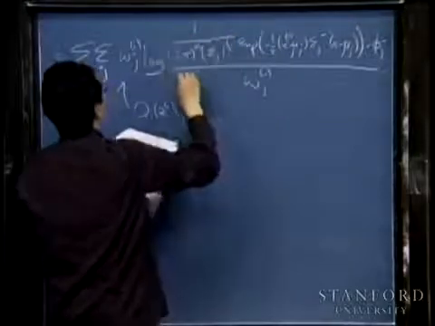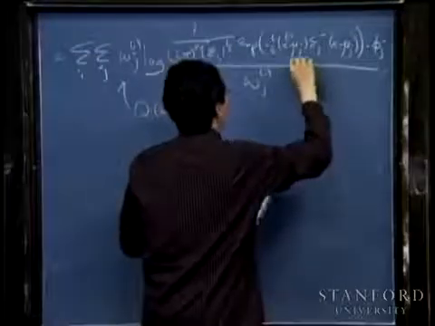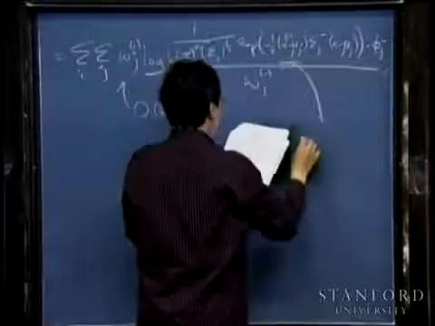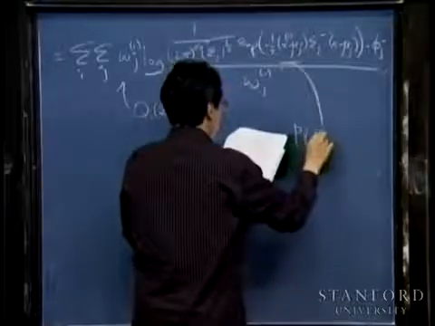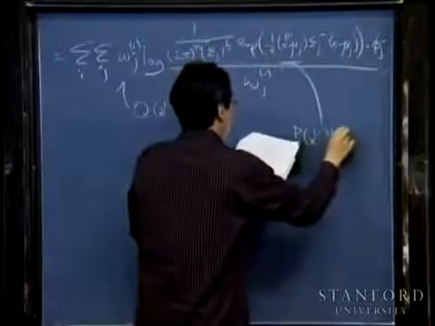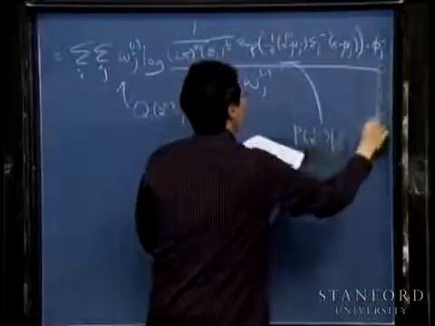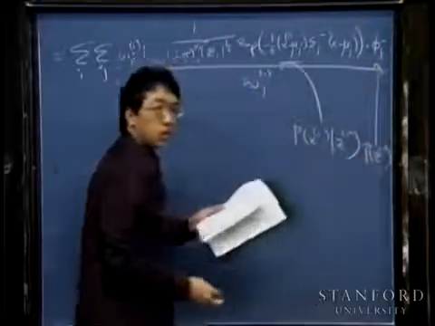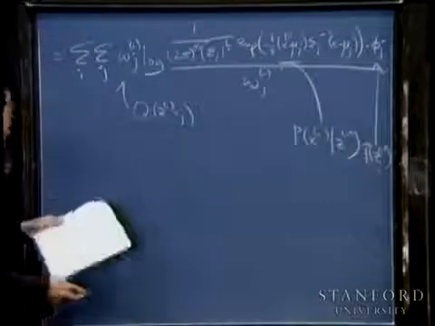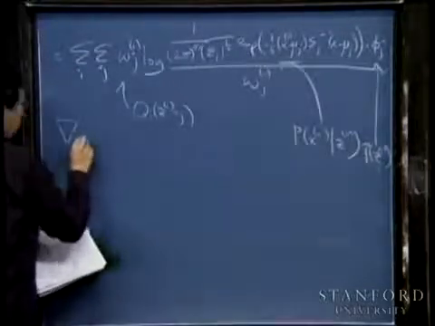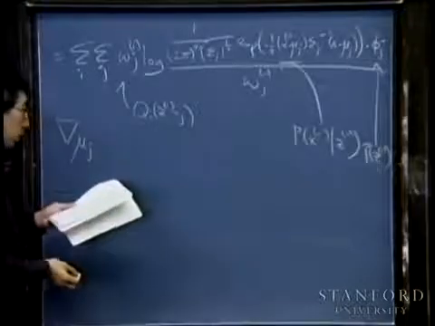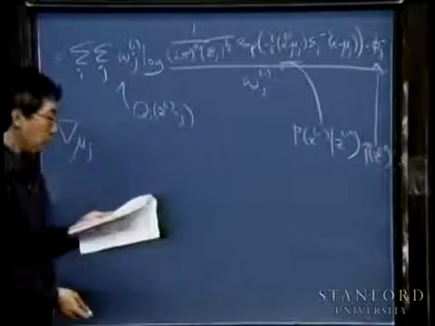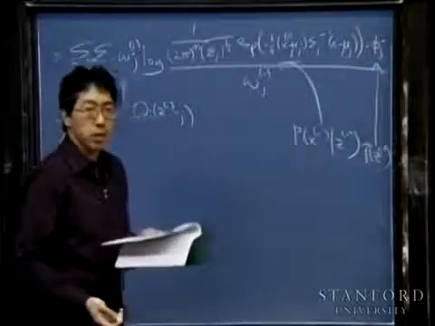So this first term here is my p of xi given zi, and that's p of zi. And you want to maximize this with respect to all of your parameters, phi, mu, and sigma.